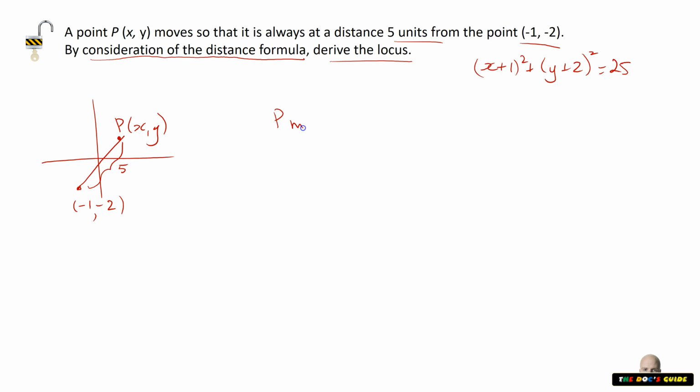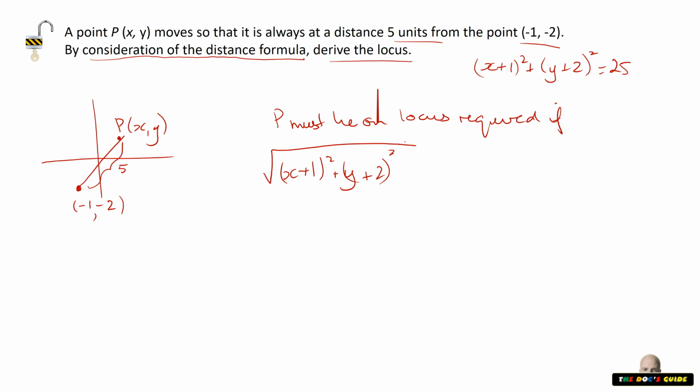So P must lie on the locus required if the distance from P to this point, which is going to be the square root of x plus 1 squared plus y plus 2 squared, so that's what the distance formula says, has to equal 5.